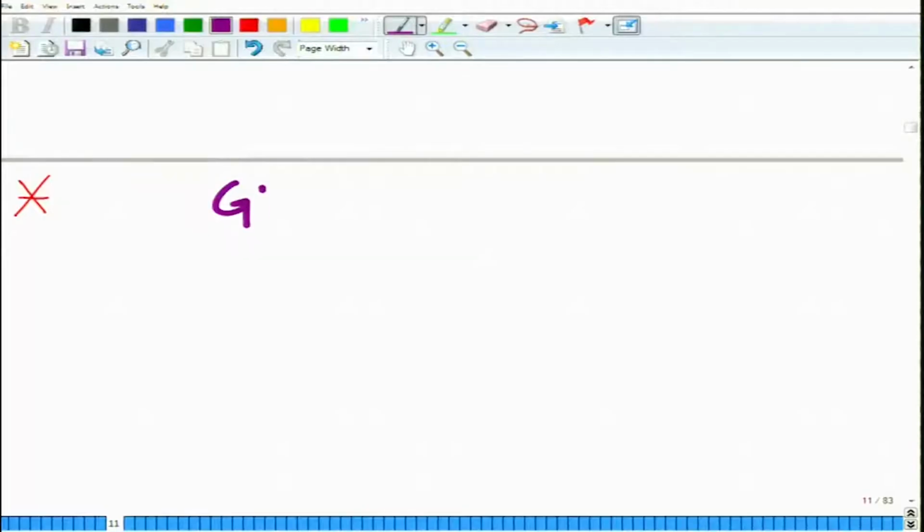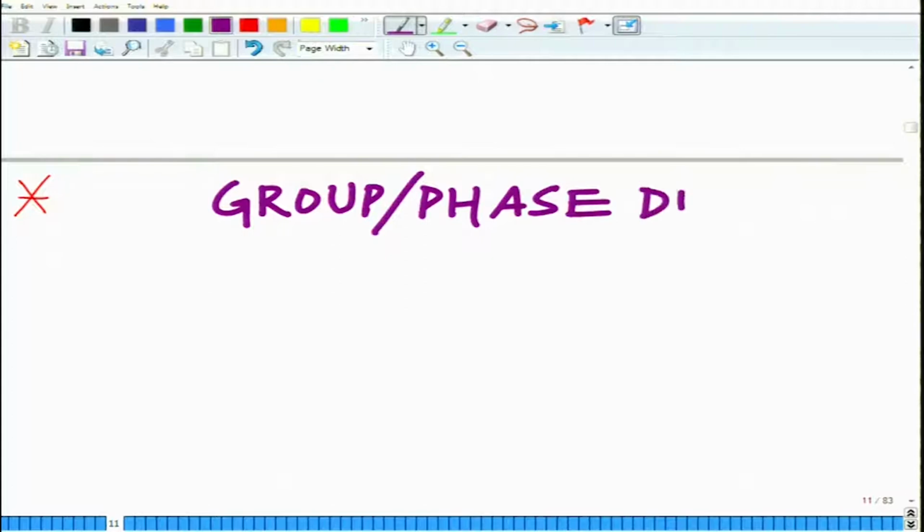We are looking at the group and phase delay. Let us continue our discussion. So, we have the group and phase delay.